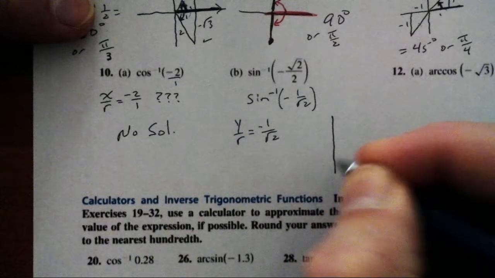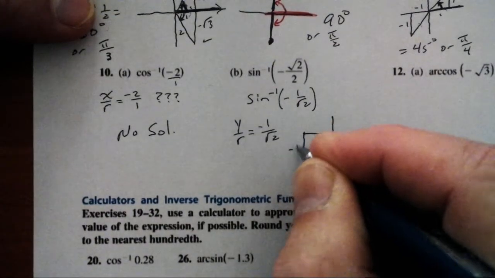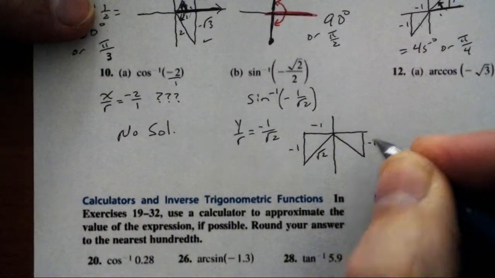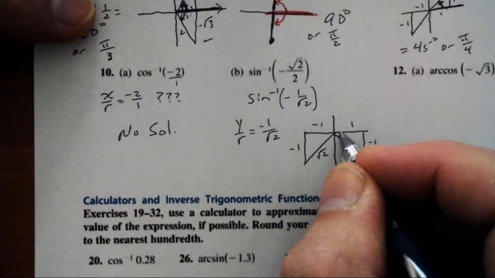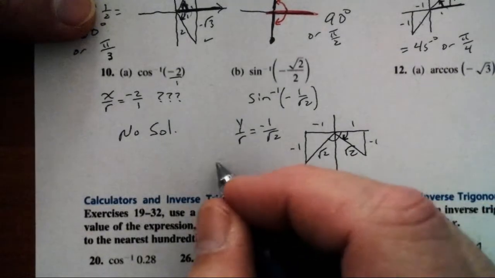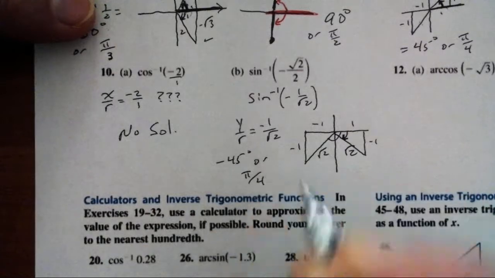So when is sine negative? Here, we're negative 1 on square root of 2. And here, sine is negative 1 on square root of 2. So we either want this rotation or this one. Well, we want the one that's closest to 0. So that is negative 45 degrees or negative pi on 4.